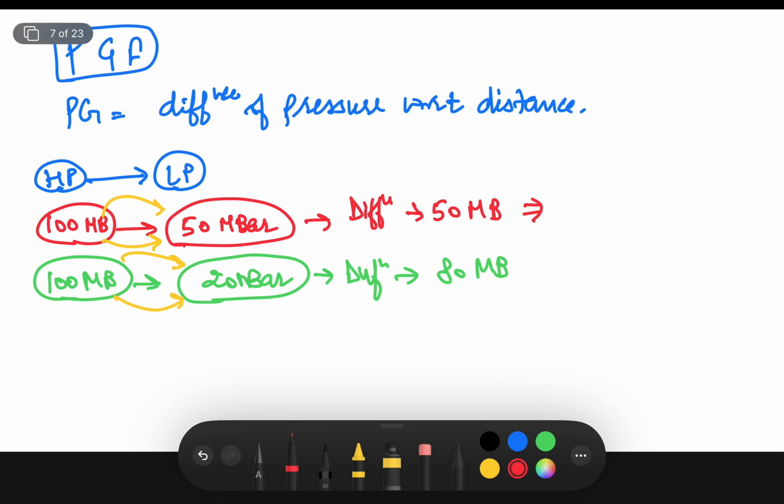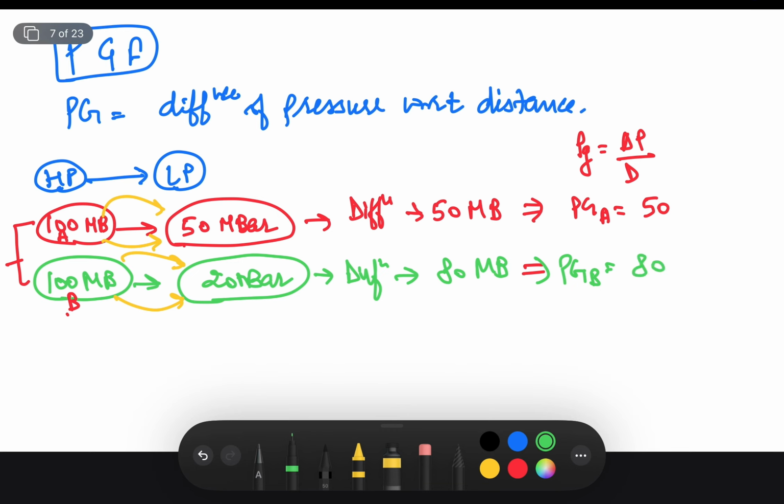What is the pressure gradient? It is the change in pressure over distance. If we consider the distance to be the same, constant, then for A, the pressure gradient is 50, and for B the pressure gradient is 80.